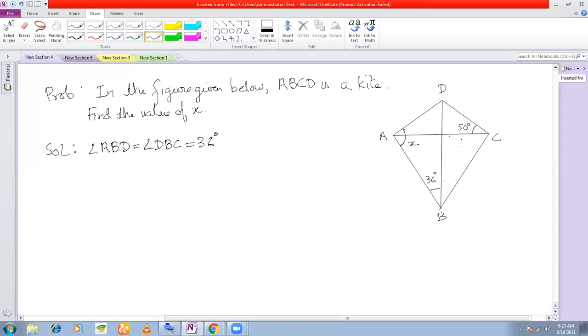Let's mark it here very lightly with a pencil. We have found this out, 36 degree. And you will give your reason: because the longer diagonal bisects its interior angles.